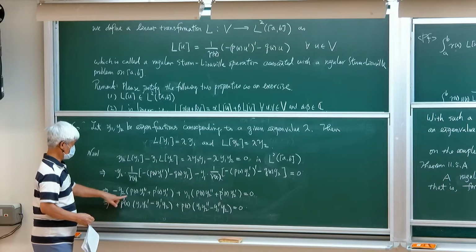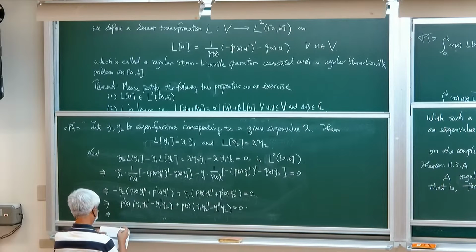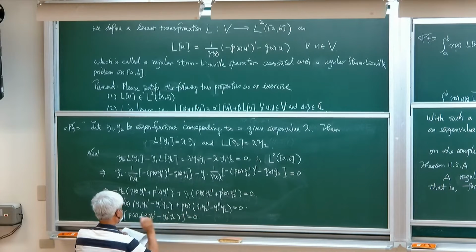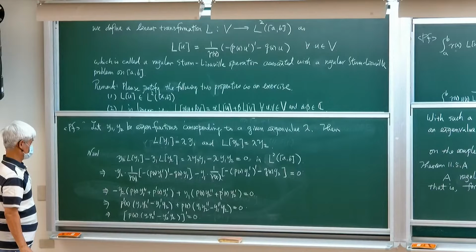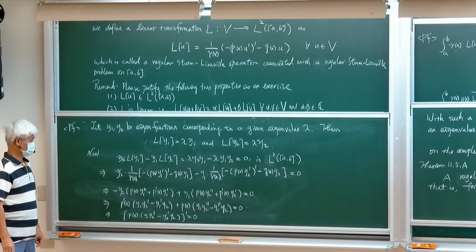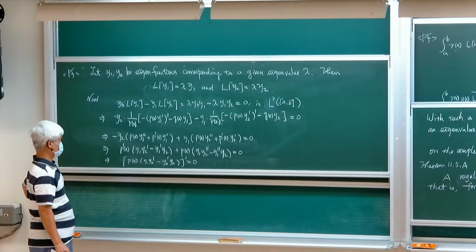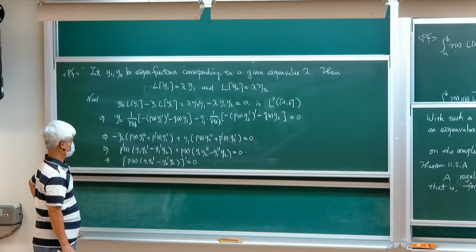This term can be written as the derivative of P of x times y1 y2 prime minus y1 prime y2, equal to 0. So we just did some manipulation.